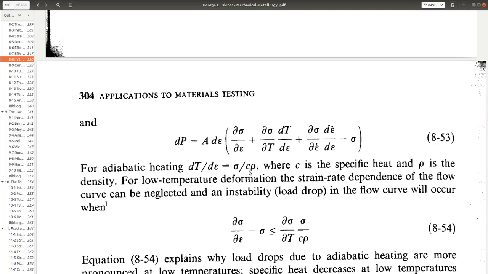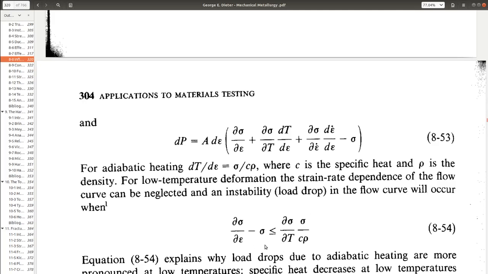Okay, and then if the influence of strain rate is not much, because we have observed that at low temperature the influence of strain rate isn't that much, only at an elevated temperature the influence is considerable. So at low temperature under an adiabatic condition, what I can say is dou sigma by dou epsilon minus sigma is less than or equal to this quantity.